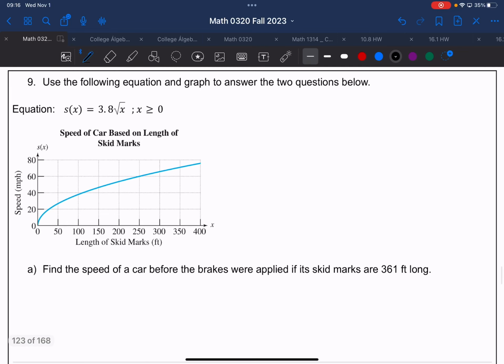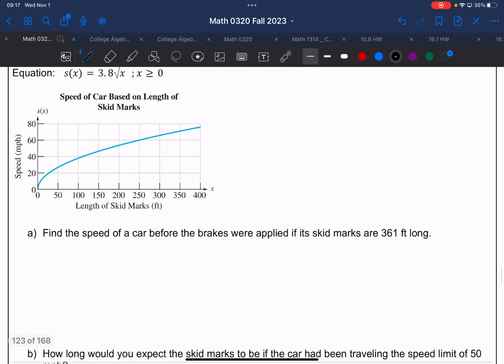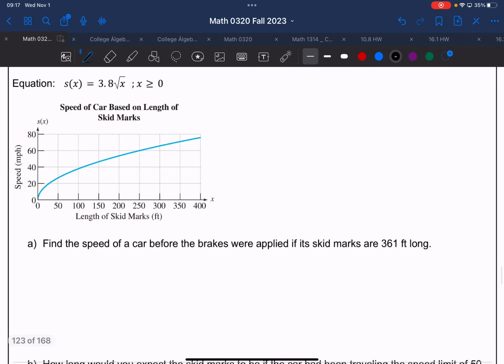Okay. Last problem here. It says use the following equation and graph to answer the questions below. So it gives us the equation and the graph. It says find the speed of a car before the brakes were applied if its skid marks are 361 feet long.